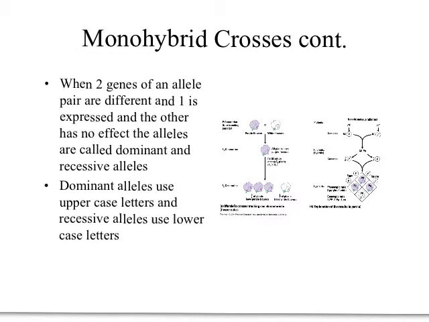So when 2 alleles of a gene are paired up and they're different, one is expressed and the other one has no effect. So for example, in our F1 generation here, remember we got a purple allele from one parent and a white allele from the other. So the F1 generation is going to have 1 allele of each, except only the purple one is expressed. Only the purple one shows through.